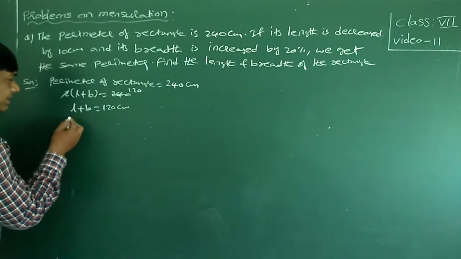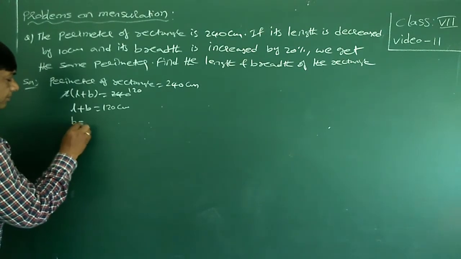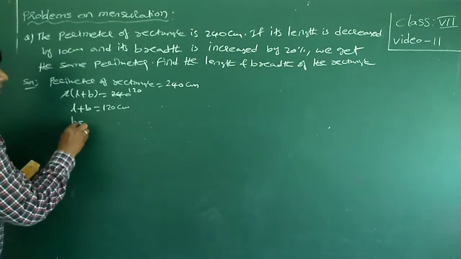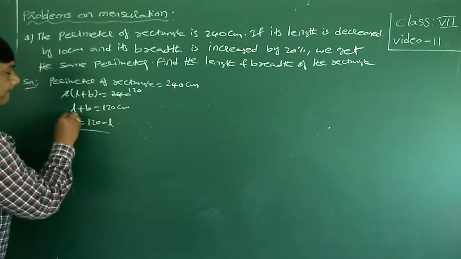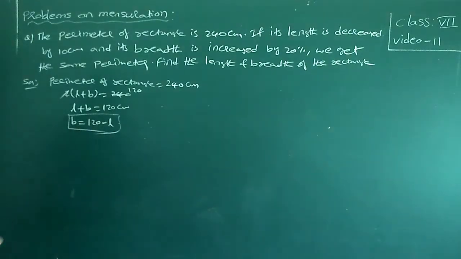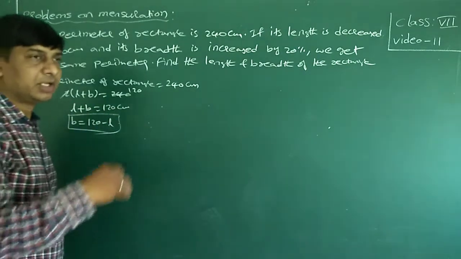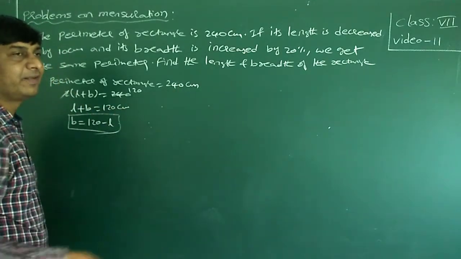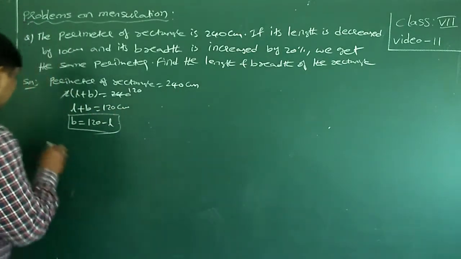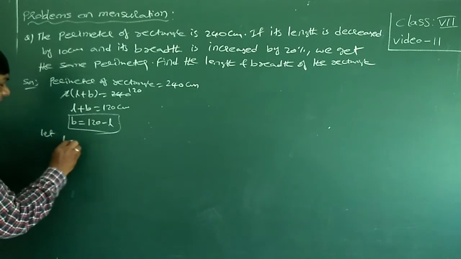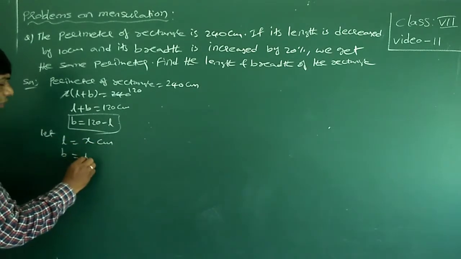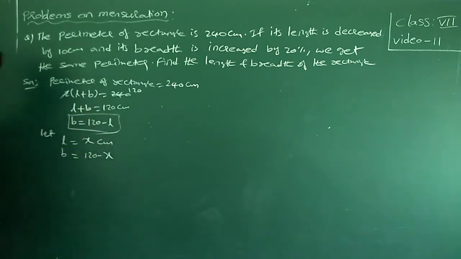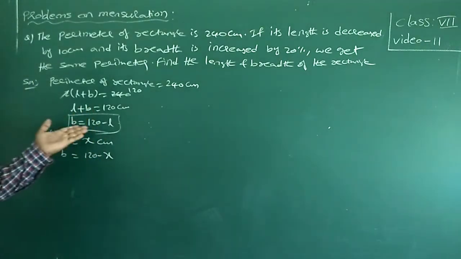Now, breadth is equal to 120 minus L. Because two unknown values are there, I converted breadth in terms of L. Let us assume that length is equal to x centimeters, then breadth is equal to 120 minus x as per this condition.